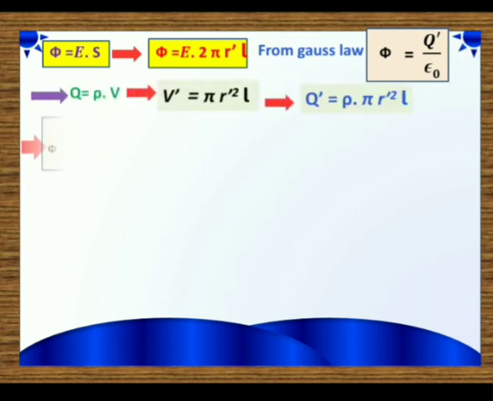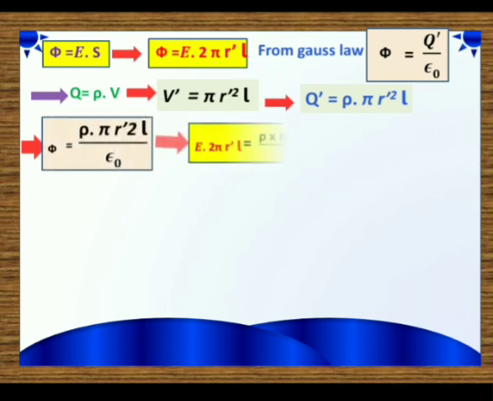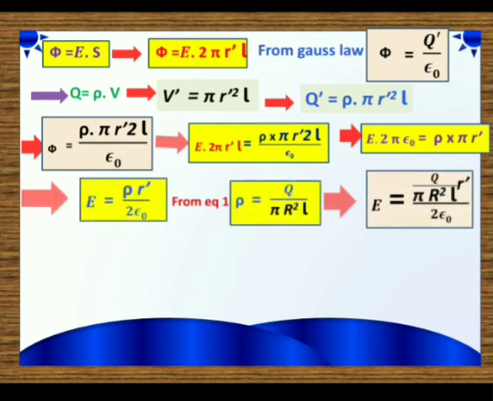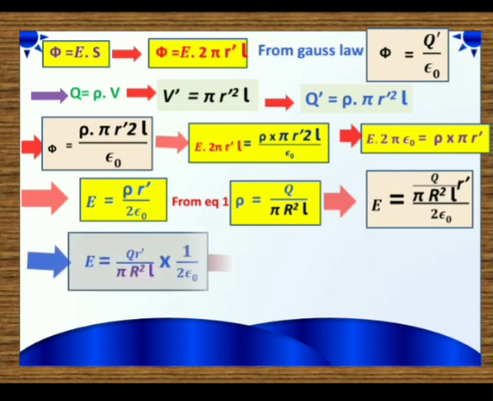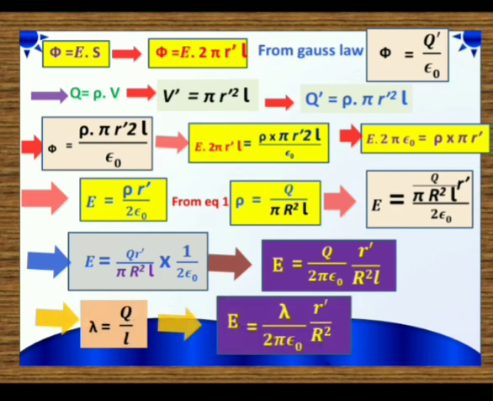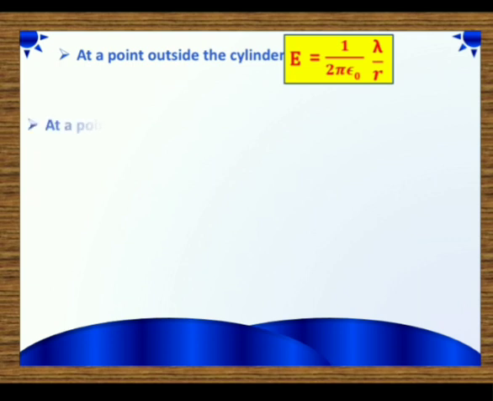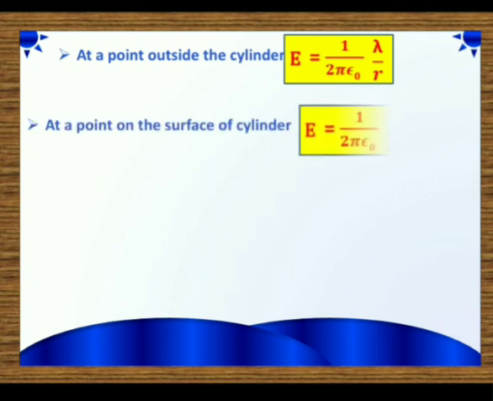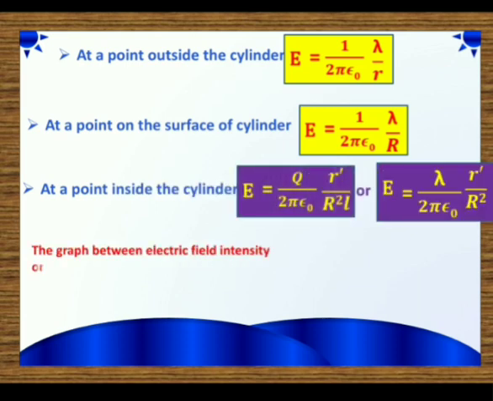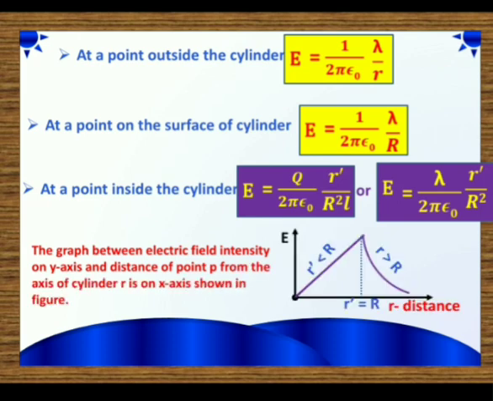Now volume is pi r prime square L. If I substitute here, this is what I will get. This is just a simplification of equations, you can easily understand this one. This is the graph between the electric field intensity and corresponding distance, right.